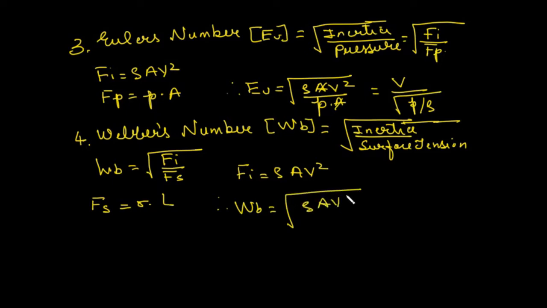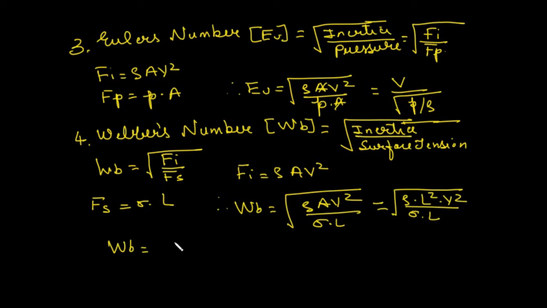Therefore, Weber's number expression would be equal to the square root of rho A V square upon sigma into L. Now this A can be represented as L square, so it is rho into L square into V square on sigma into L. So we are left with Weber's number equal to the square root of rho V square L upon sigma.